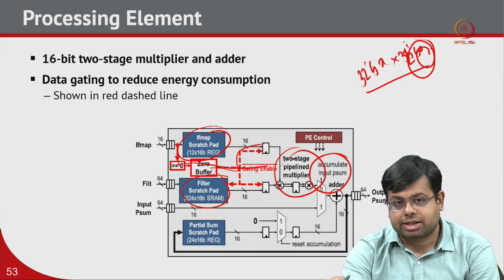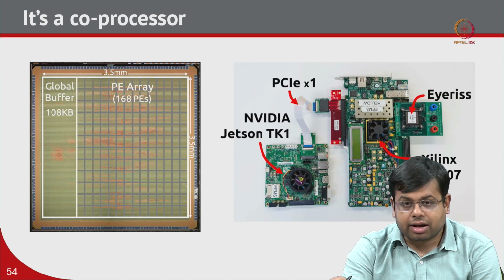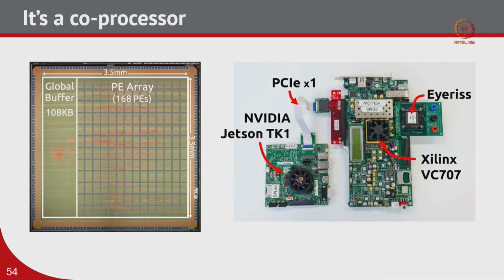Now, finally, IRIS is also a fabricated processor, it is a co-processor. Whenever we talk about a processor, it can be standalone, but whenever we say co-processor, that means it needs a host processor to be active.